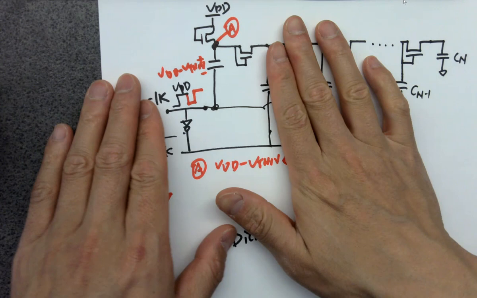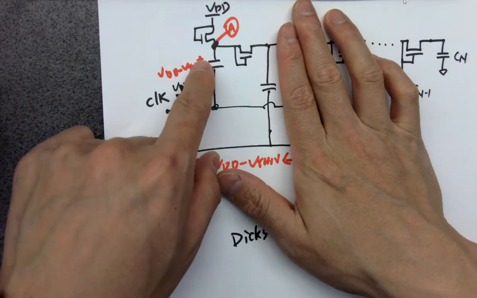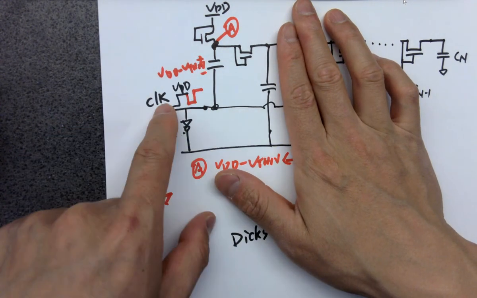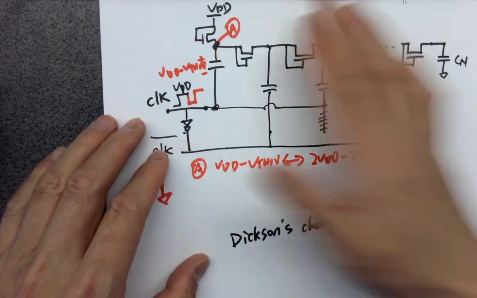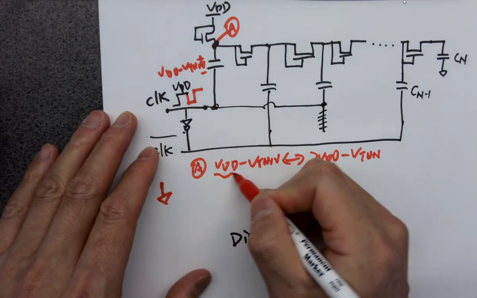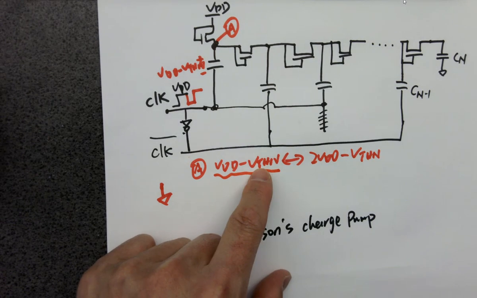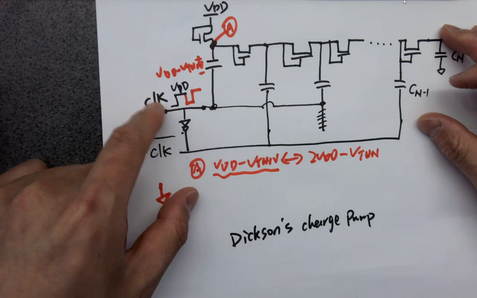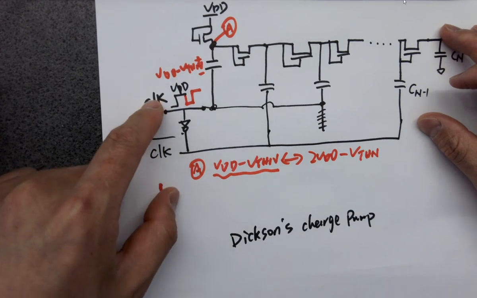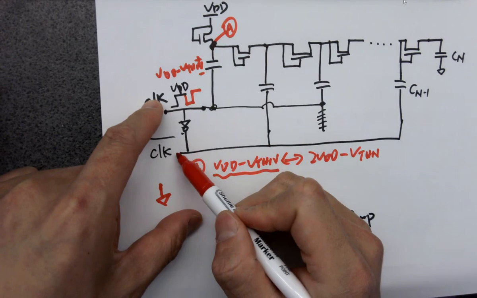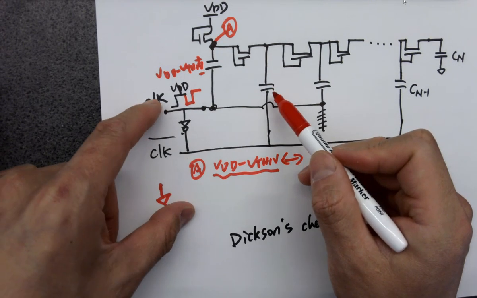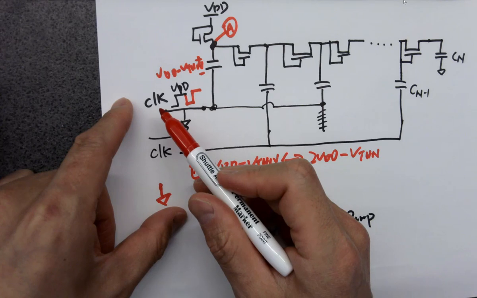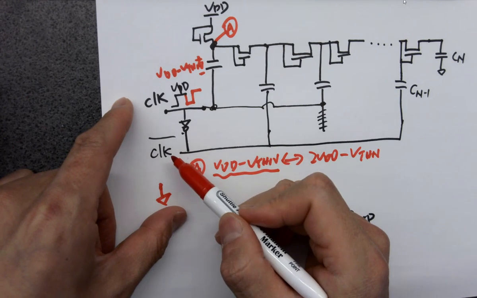Okay, and then look at this circuit. Whenever this one is charging, let's say whenever this one is getting to VDD minus VTHN, which means this is pulling, right? If this is pulling, this one is pushing. It's getting inverted. So if the clock's pulling, clock bar is pushing.